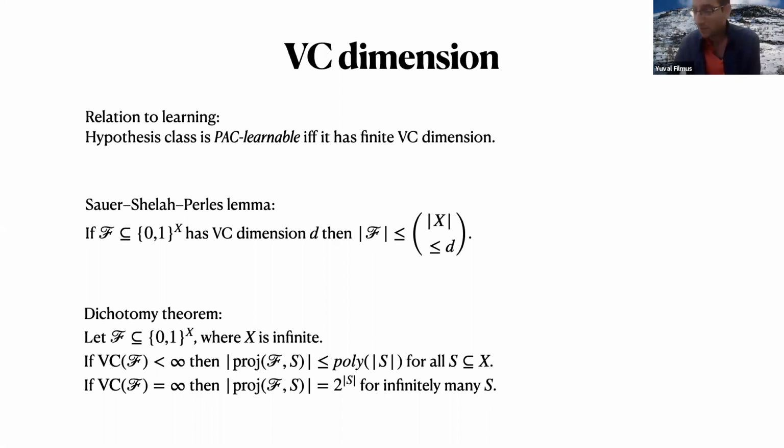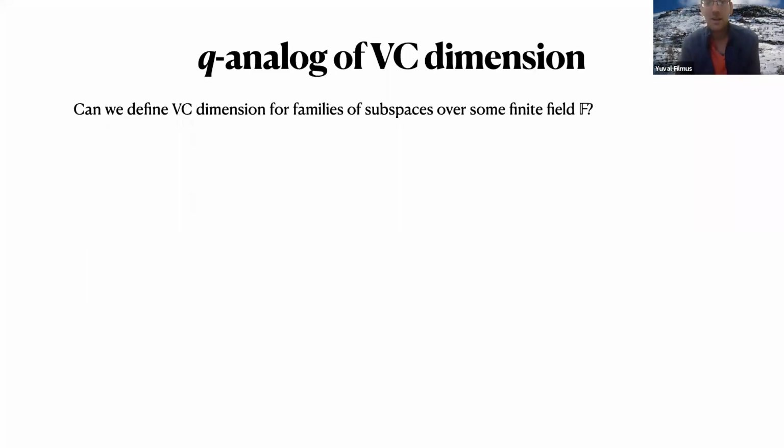Okay, so this is most of what I want to tell you about VC dimension in the classical sense. And now, more to the point of this talk, we're going to talk about generalizations of VC dimension. Maybe the most obvious generalization is a q-analog. People in combinatorics, for some reason, really like q-analogs.